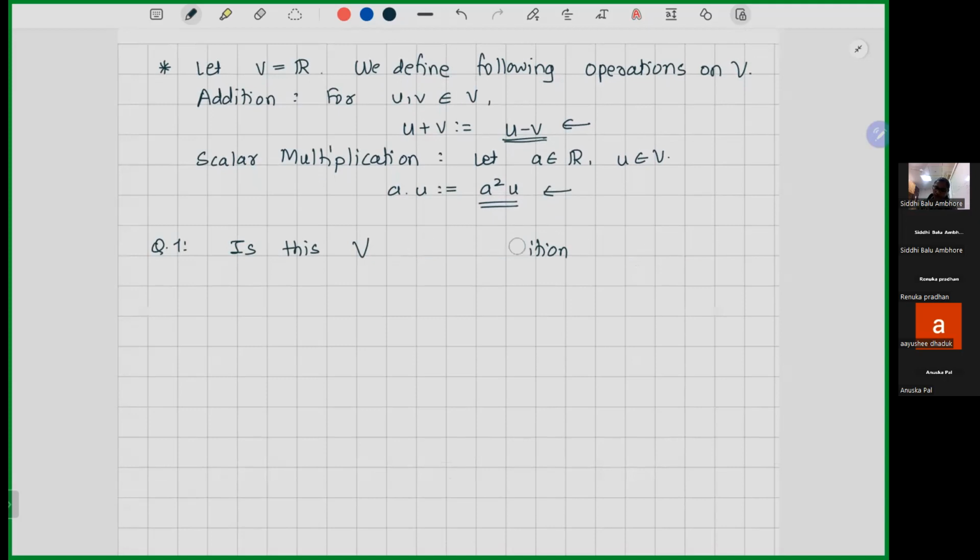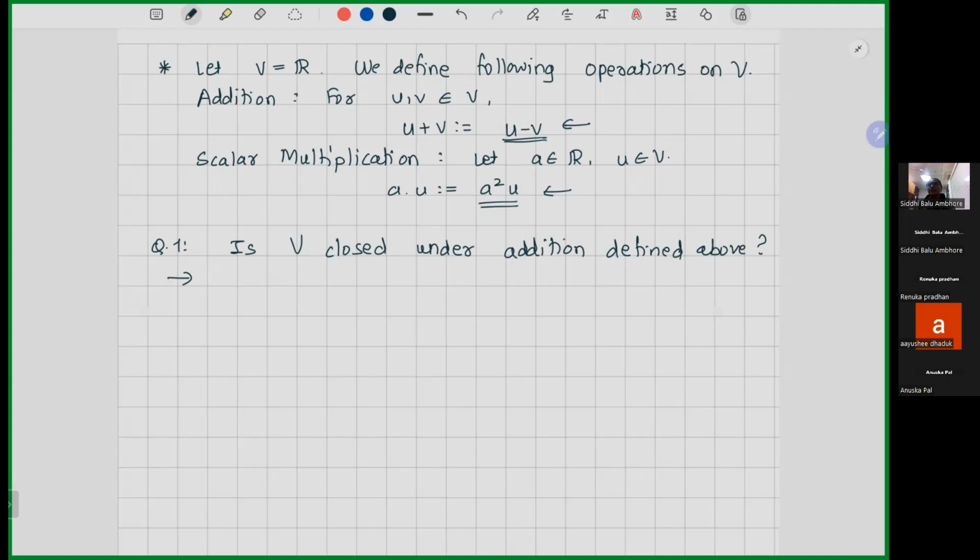Or is V closed under addition defined above? So can somebody guess? This is an interactive session, and it would be great if you can unmute or write your answers or guess in the chat.